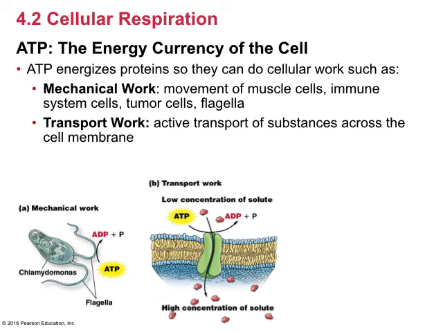ATP also energizes proteins for transport, for membrane transport. We touched on this at the end of chapter 3. Whenever you want to transport a substance against its concentration gradient, so from an area of low concentration to high concentration, you're going against the flow, and that requires energy, just like it would require energy to go upstream on a river in a canoe.